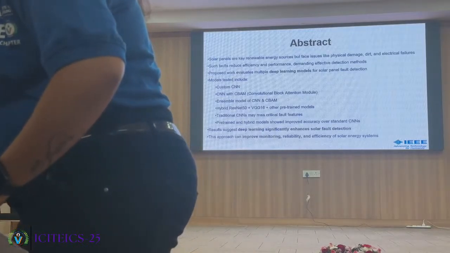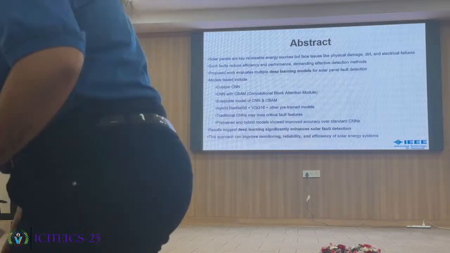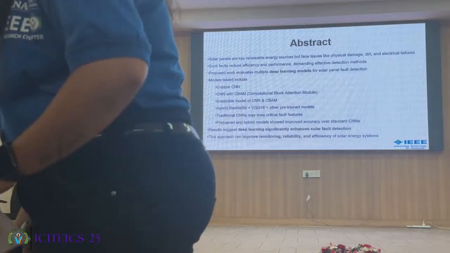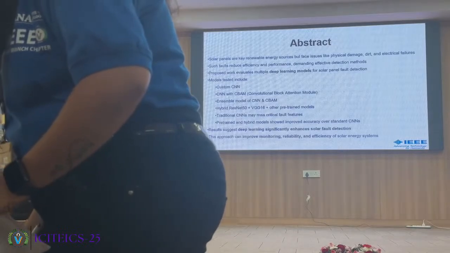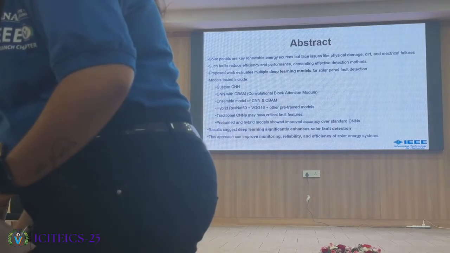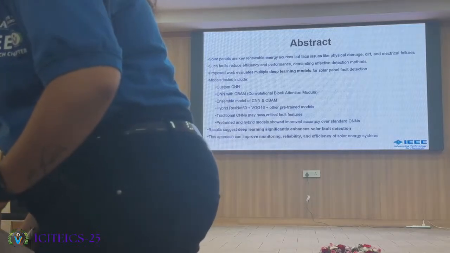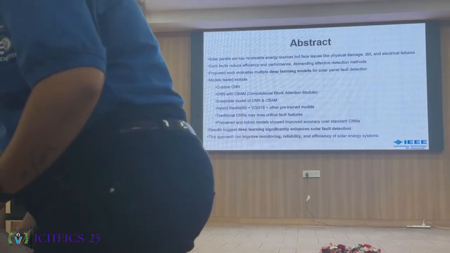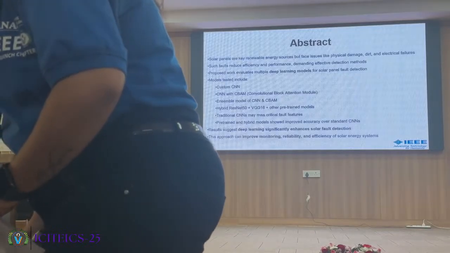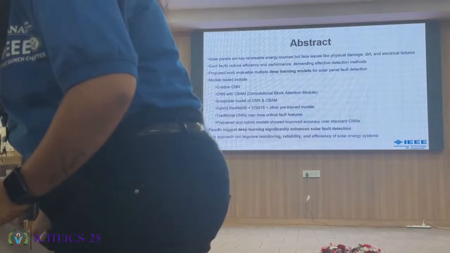So, solar panel fault detection. What are the different types of faults in solar panels? We address those and detect the major faults, classifying whether the solar panel is a good one or a defective one.